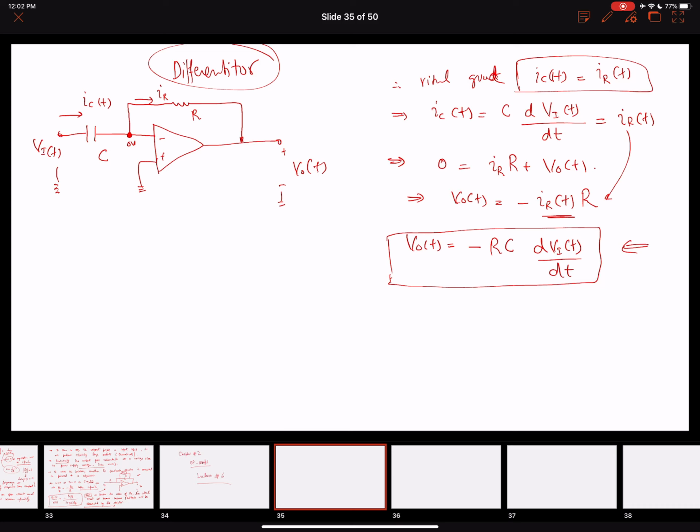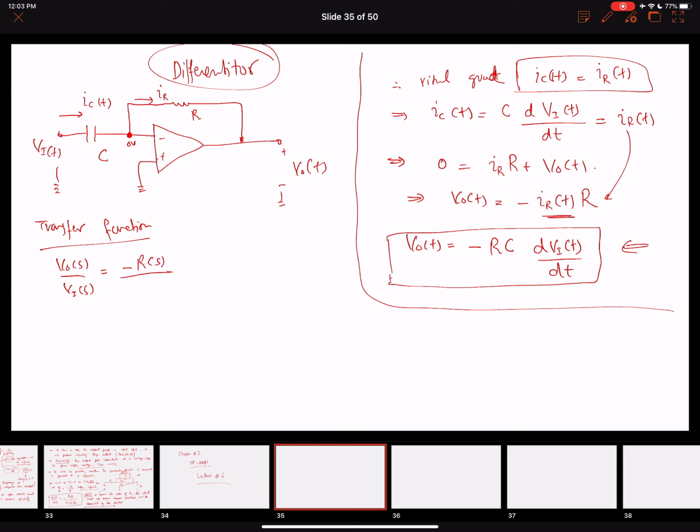Now we can find out the magnitude and the phase response as well. I'm going to start with the transfer function. The transfer function V naught of s over Vi of s equals minus R divided by Xc of s.